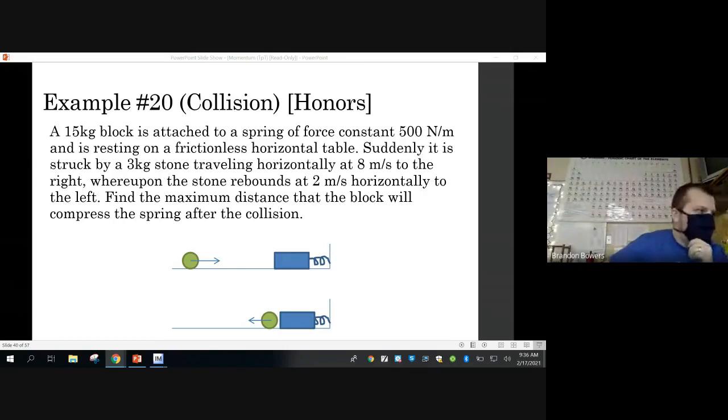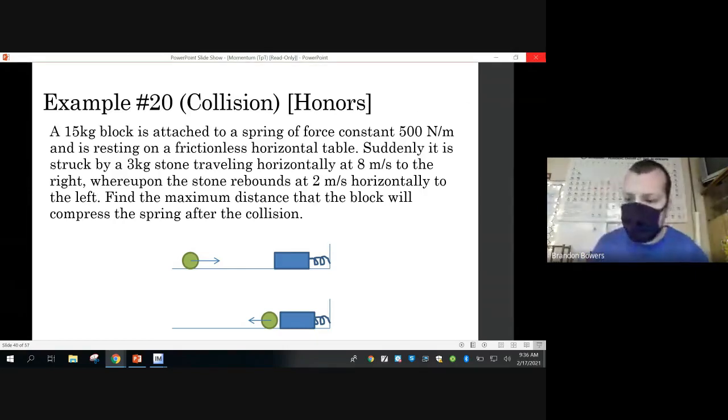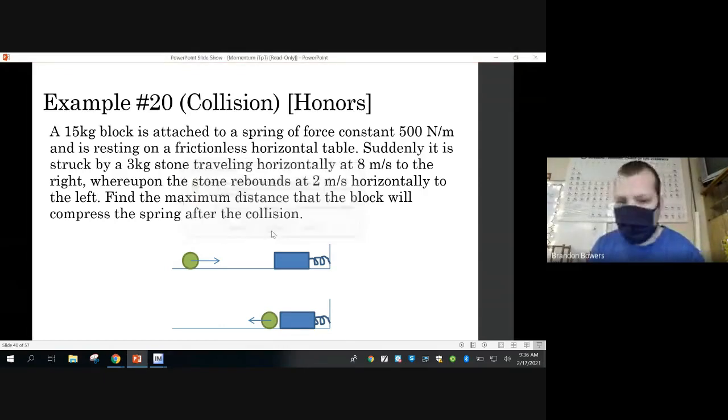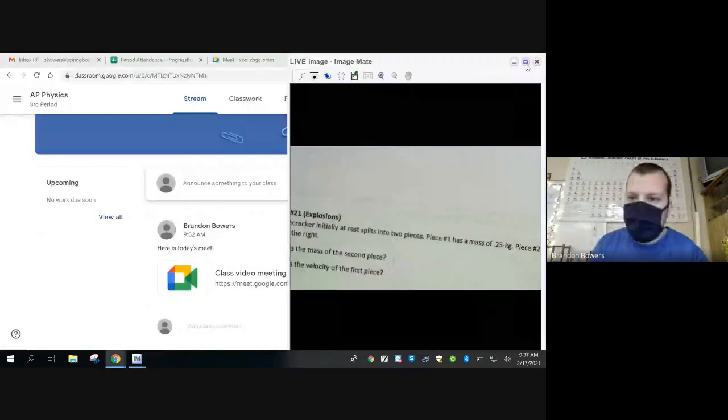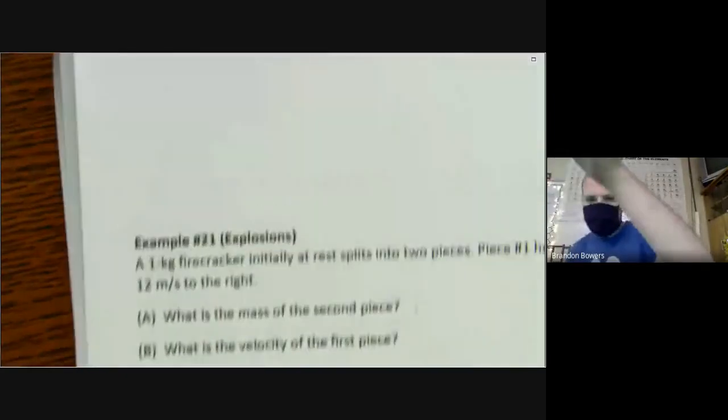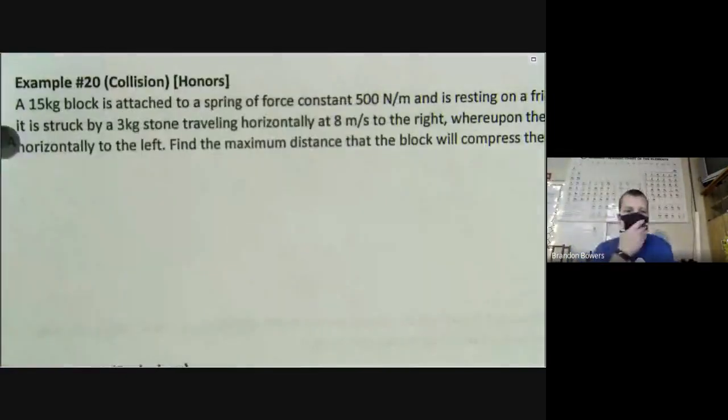Now, when looking at this, let's go to the last problem. I'm just going to close out. We got the problem here. When we look at this problem, we are on 20 point. Now, we have to use our same equation. So we have to find the final velocity of the stone.